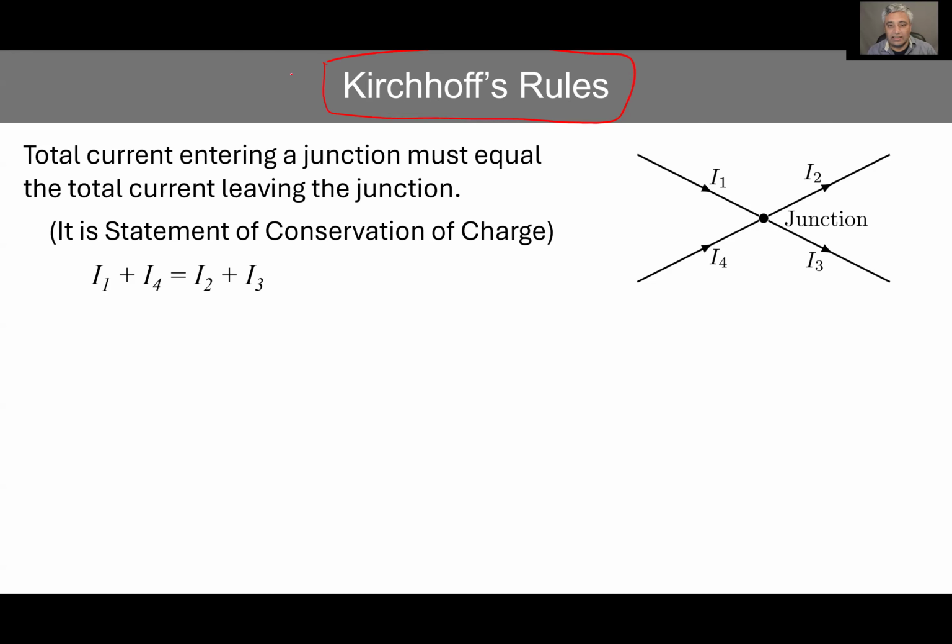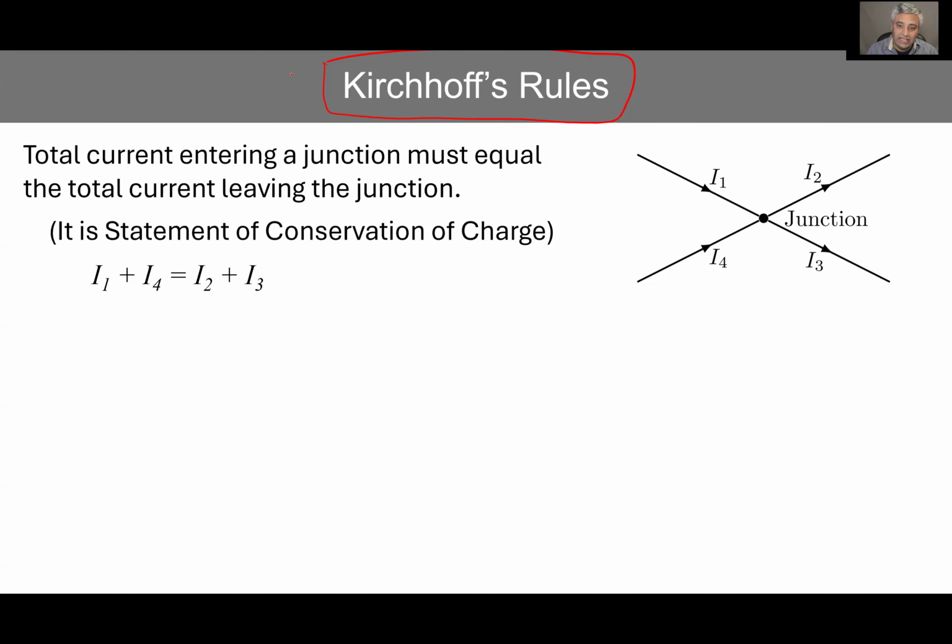These rules are nothing but the conservation of charge and conservation of energy. Conservation means the total remains constant. Total final is equal to total initial, right? That's how we've been writing the conservation rules: conservation of energy, conservation of momentum, and so on.